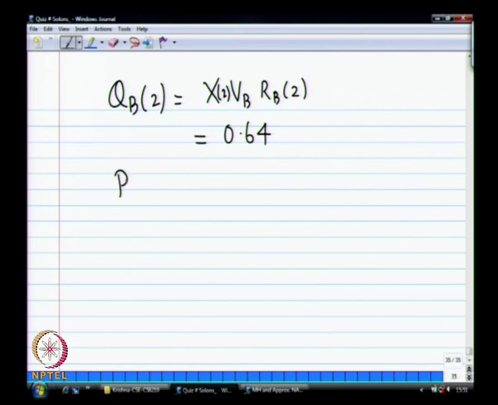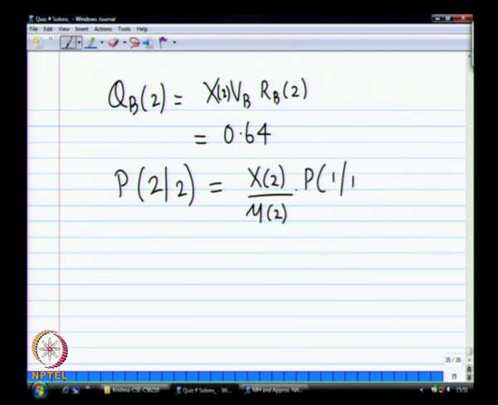So now we have to compute P of 2,2, P of 1,2 and then P of 0,2. So P of 2,2 is given by X of 2 by mu of 2 times P of 1,1. So this is 0.52.